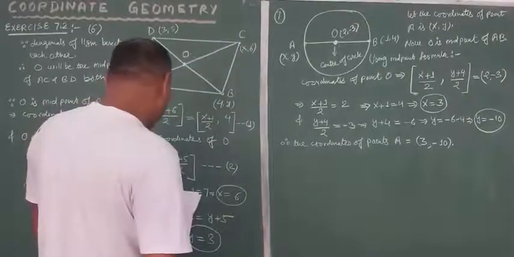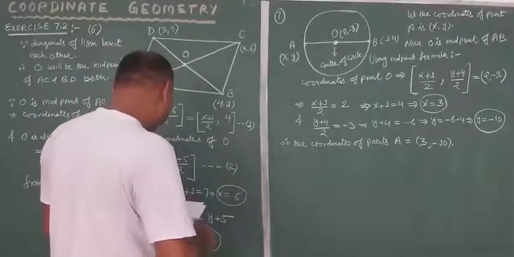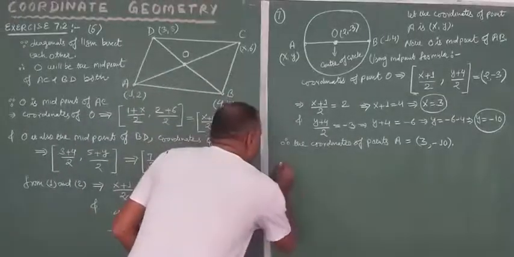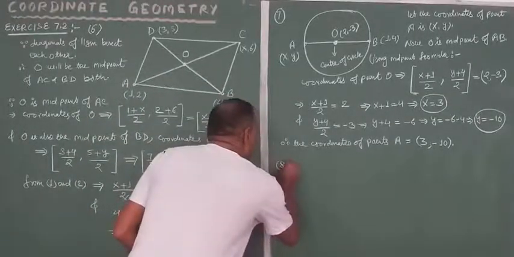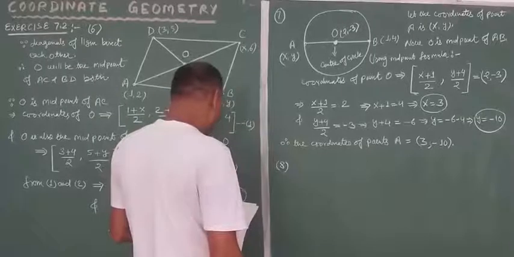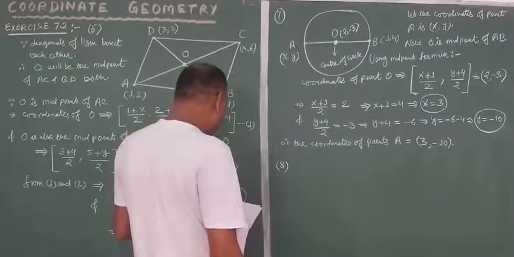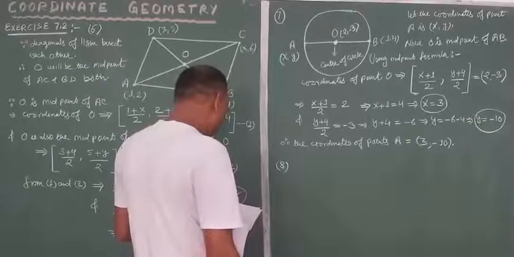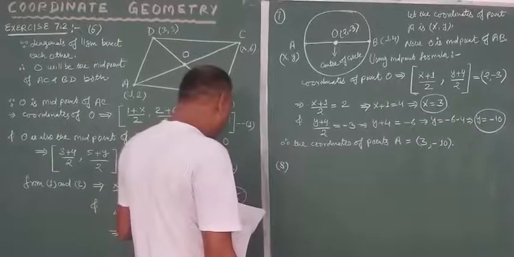Question number 8. If A and B are minus 2 comma minus 2 and 2 comma minus 4 respectively.